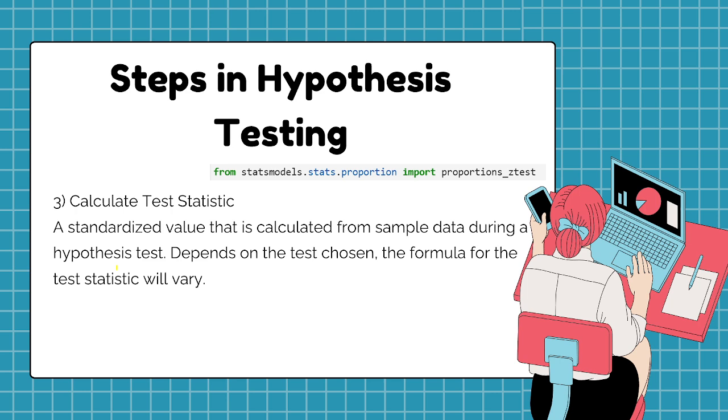We have different formulations to follow, but in the computation of the test statistic, we need to include this one: from statsmodels.stats.proportion import proportions_ztest. For example, this is if we want to apply a z-test in the problem. If we have another method that is not the z-test, then you have to use the corresponding one.